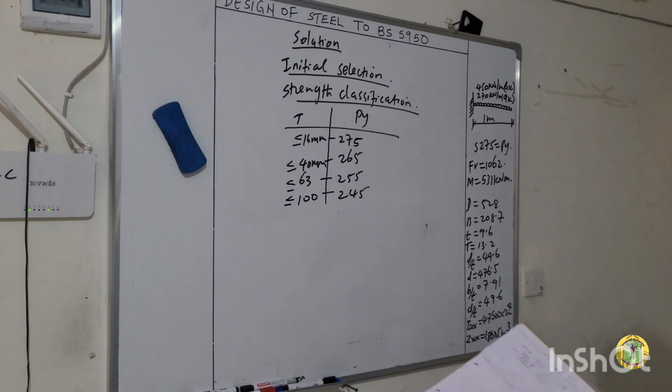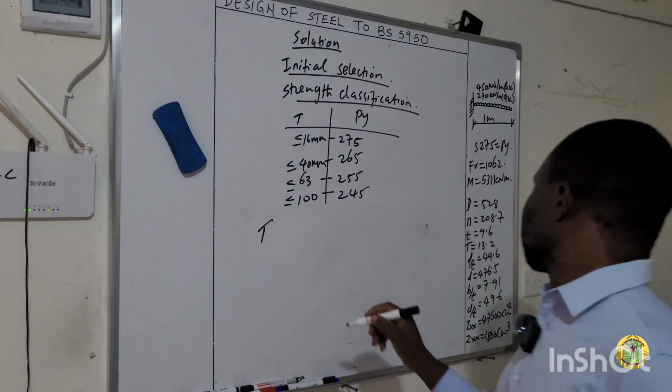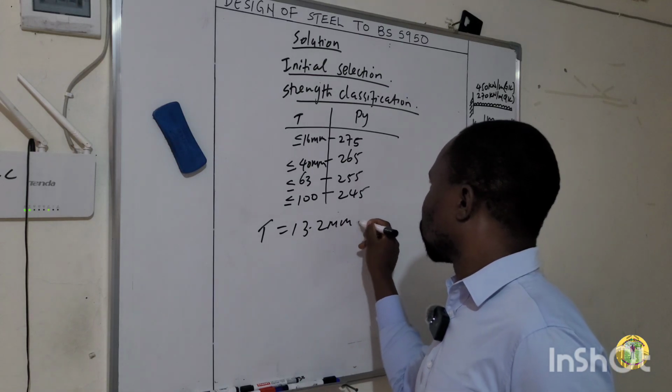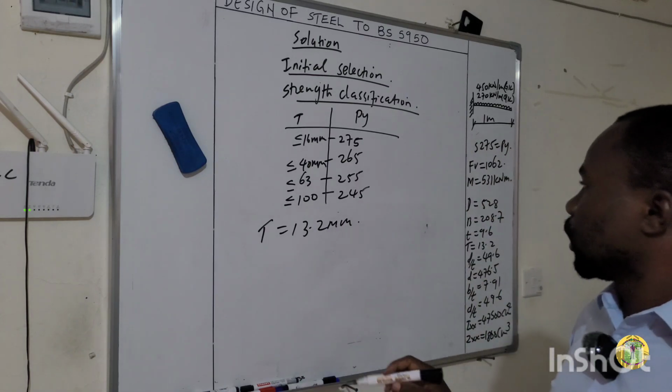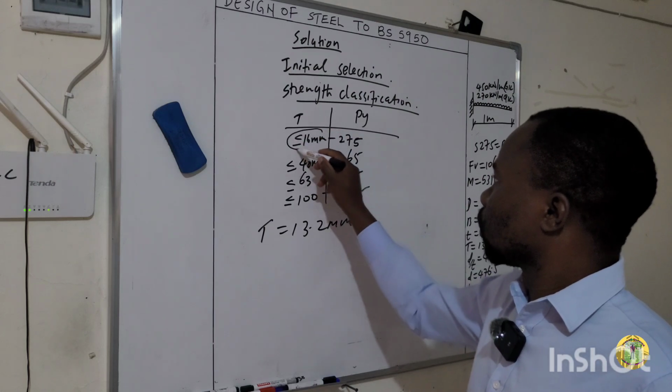So we will classify this based on the thickness of the flange, which is 13.2 millimeter. As you can see, 13.2 millimeter is below this one.